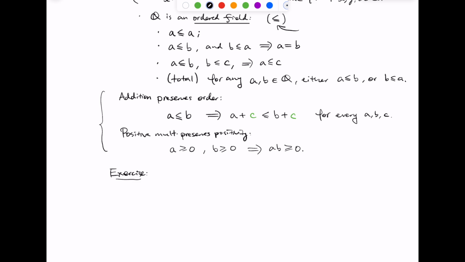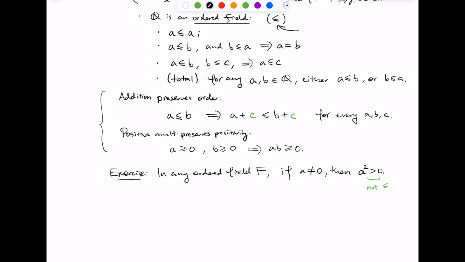The exercise is that in any ordered field, let's call it capital F, if we have an element A which is non-zero, so it's not equal to the additive identity of F, then A squared is bigger than 0. We haven't quite introduced this notion of bigger than. Bigger than just means it's not less than or equal to.